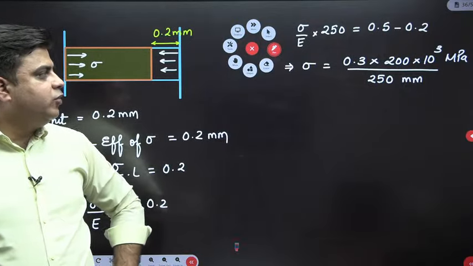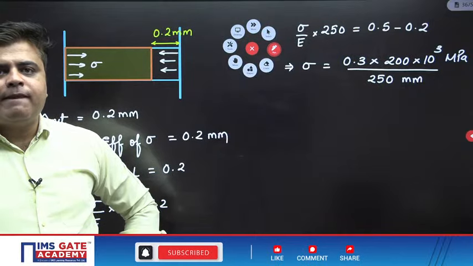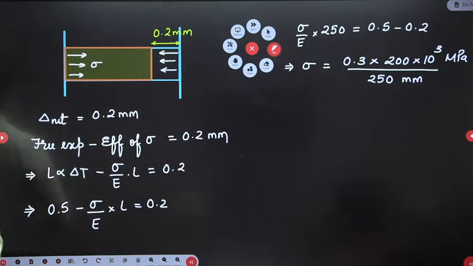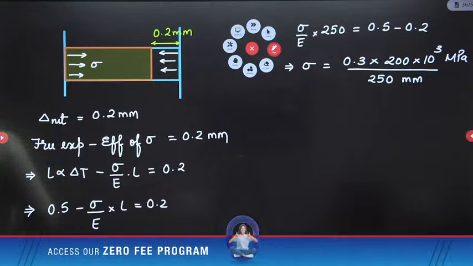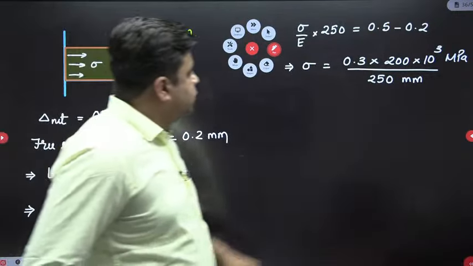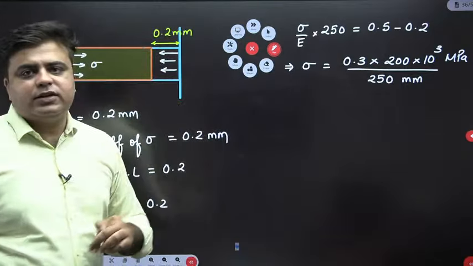So 0.3 into 200 into 10 raised to power 3 upon 250. That is the amount of thermal stress that will be induced in the bar. Please calculate this.